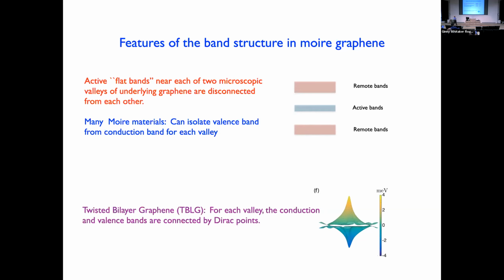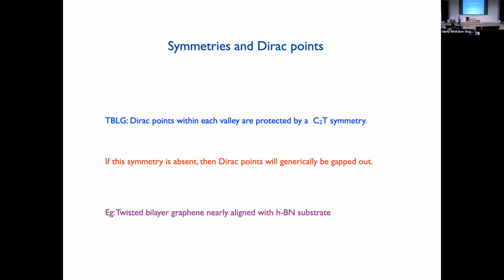This is not true in twisted bilayer graphene, the classic system. Therefore, within each valley, the valence and conduction bands are connected by Dirac points. But in many other moire graphene systems, you can detach the valence and conduction bands from each other. So when can you detach them? This is really a question of symmetry. In twisted bilayer graphene, the Dirac points within each valley are protected by a symmetry, a combination of C2 and time reversal.